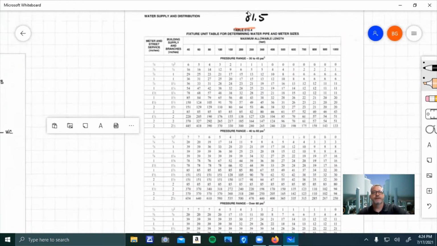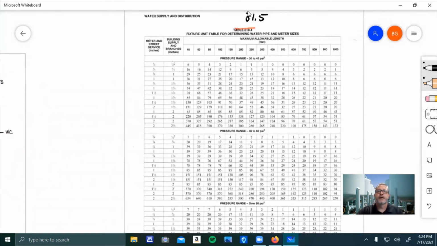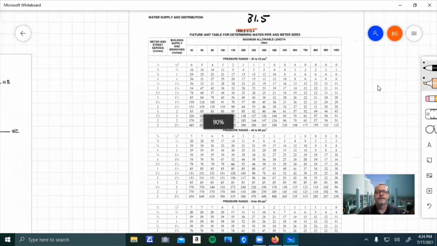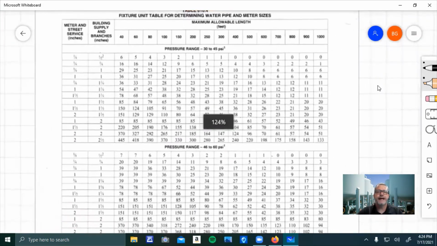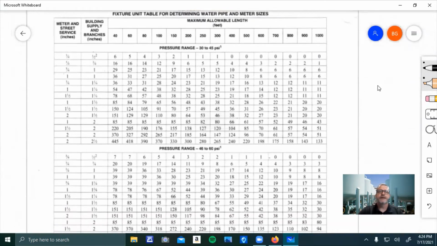Let's go back over here and take a look at the pressure range, and let's see what we got. Well, we have 30 to 45. Does that work? No. So let's get rid of that one. 46 to 60. Does that work?